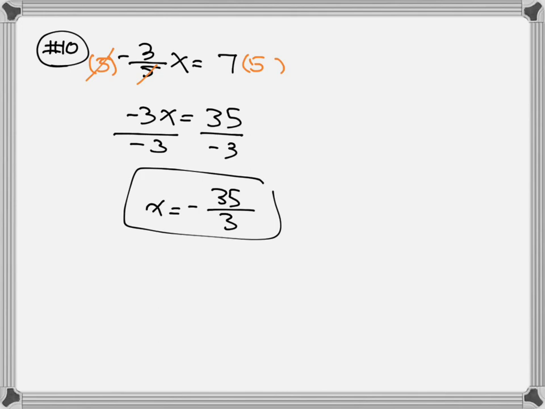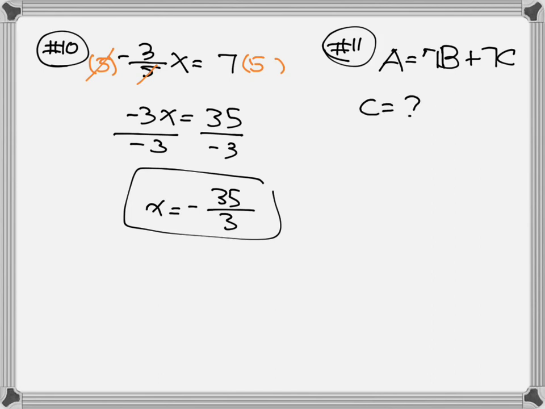Let's look at number 11. Okay, number 11, we have A equal to 7B plus 7C. We want to solve for C. We want to find out what C equals, okay? So here we're going to move the B to the other side.